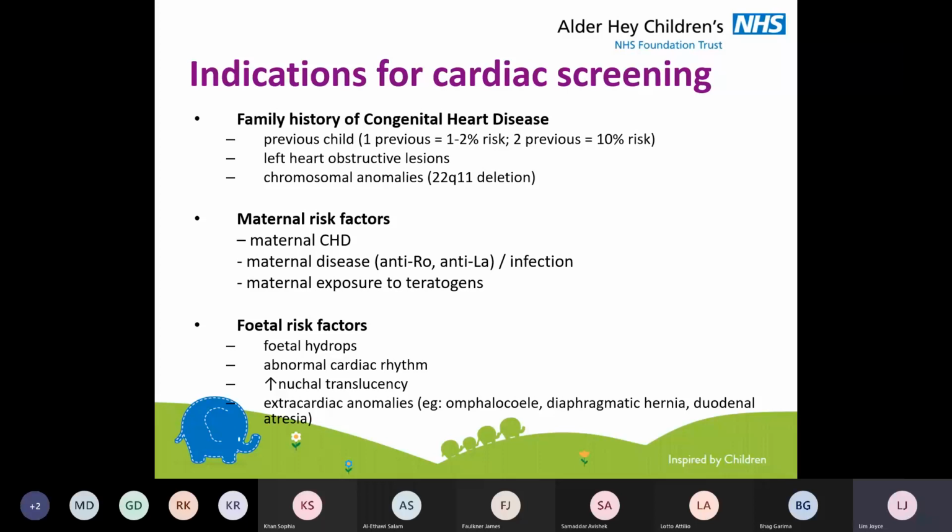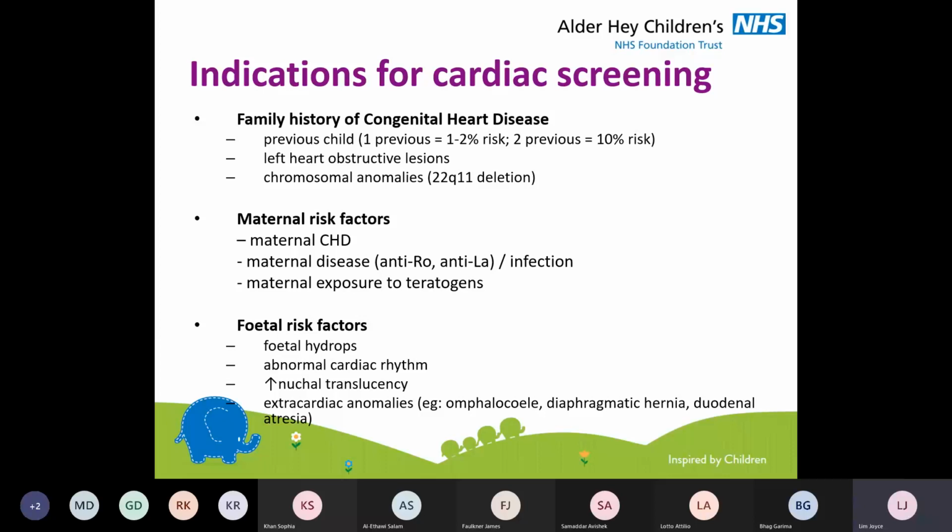If you have left or right obstructive cardiac lesions, as I said, the recurrence risks for the same cardiac lesion, you will want to look for that. If there is a definite chromosomal abnormality like 22q11 deletion, then it should be screened, especially if mom has it, as there is at least a 50% risk that the child may have carried the mutation as well.